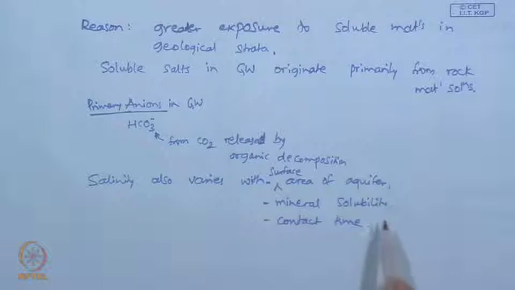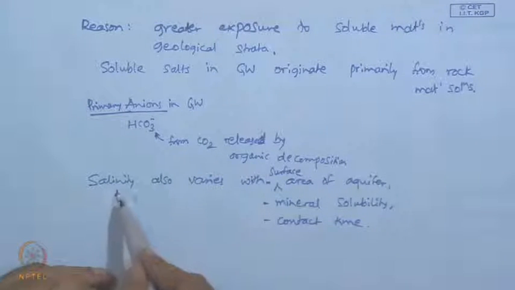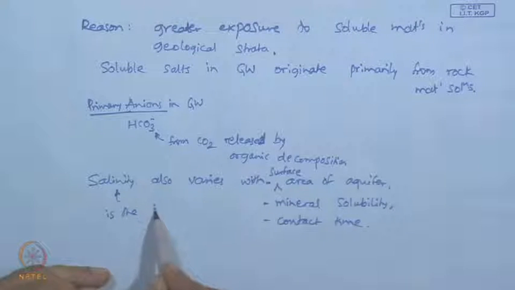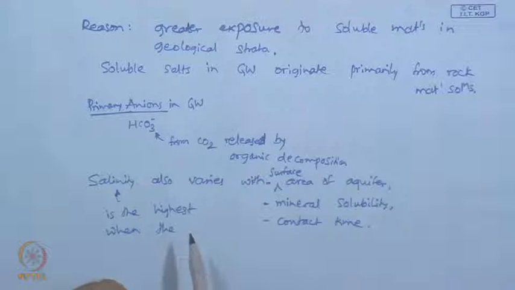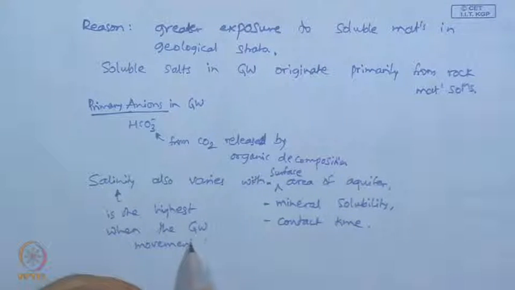If each one of them is more, then obviously the salinity also increases. And so the salinity is the highest when the groundwater movement is the least, is the slowest.